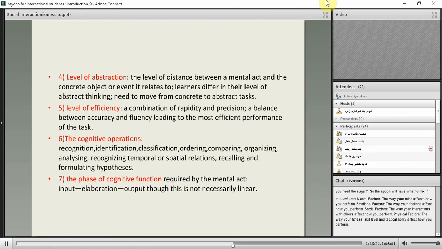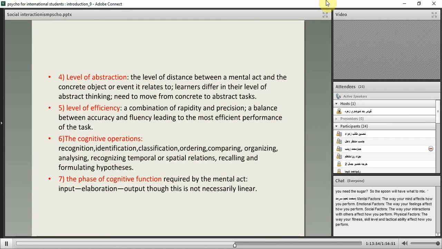The fourth one, level of abstraction. The level of distance between a mental act and the concrete object or event it relates to. So we know that cognitively learners differ in their level of abstract thinking. Some are more able to do reasoning, to justify, to infer, to interpret than the others.